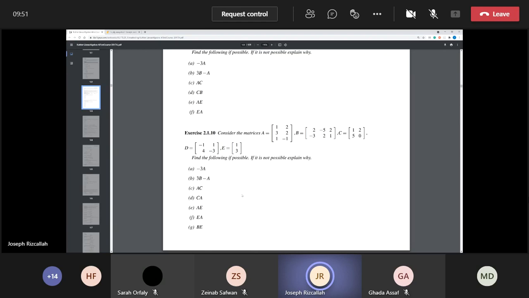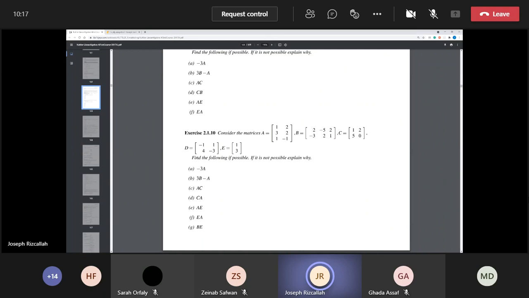B is a 2 by 3 matrix: 2, minus 5, 2, minus 3, 2, and 1. C is a 2 by 2 matrix: 1, 2, 5, 0. And E is a vector 3, 1.